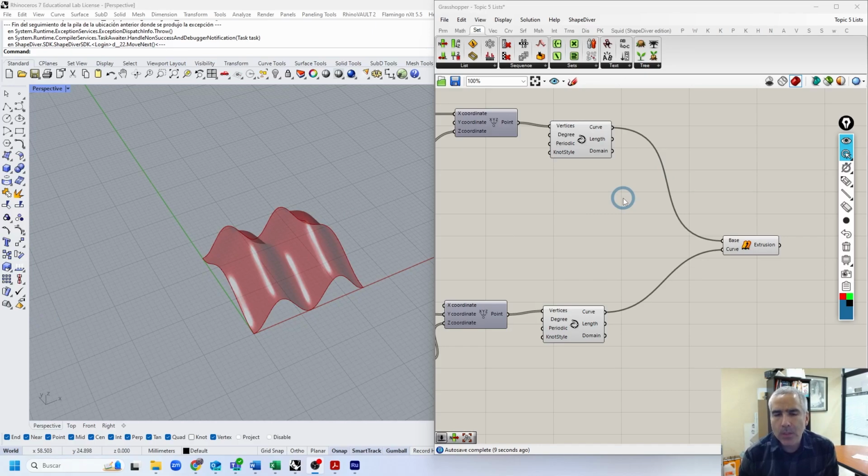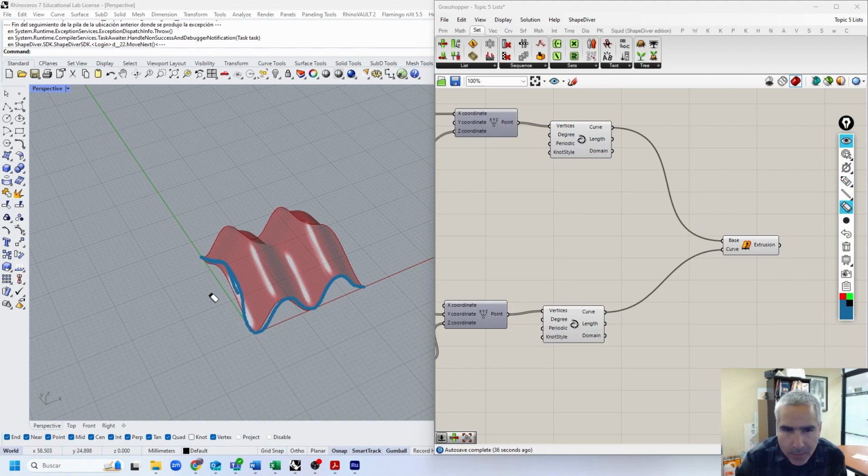So if we have a surface, like I said in the introduction to this topic, you can think of surfaces as arrays of 3D curves that are arranged in 2 directions. You can think of this surface as this curve being translated along this other curve.